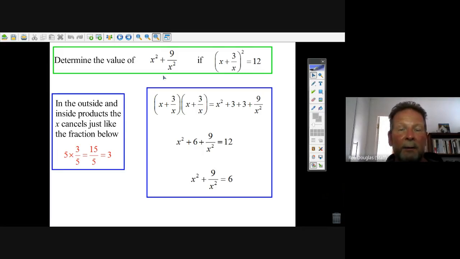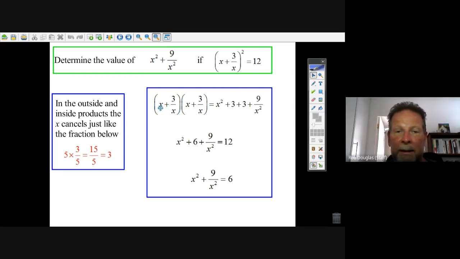But let's take a look at a question like this, though. It's a little bit more involved. It says, determine the value of x² + 9/x² if (x + 3/x)² is 12. Well, the secret to this is to multiply out (x + 3/x) times (x + 3/x).